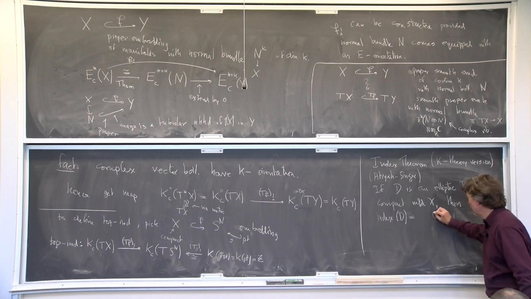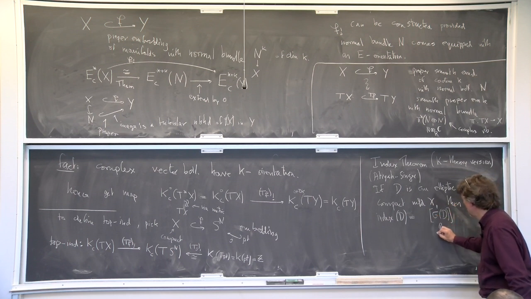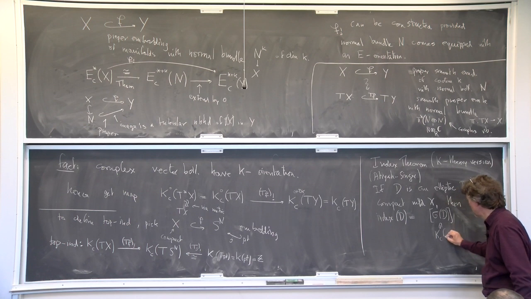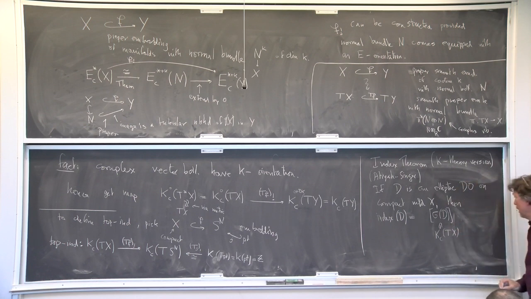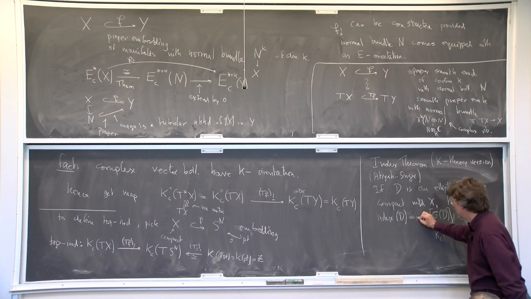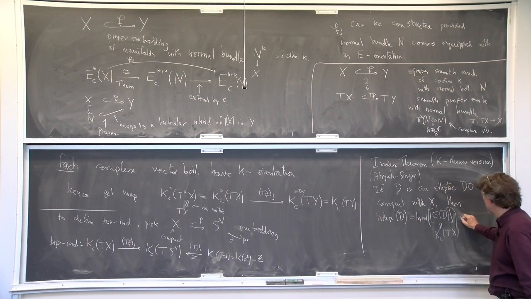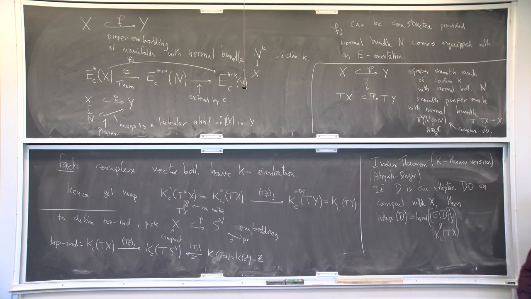Namely, you start off with the principal symbol of D. This represents an element in the K-theory with compact support of your tangent or cotangent bundle of X. And then you can use these maps here, namely the top index map, defined over there, to get an element of the K-theory of a point, which is Z. So that's the statement.